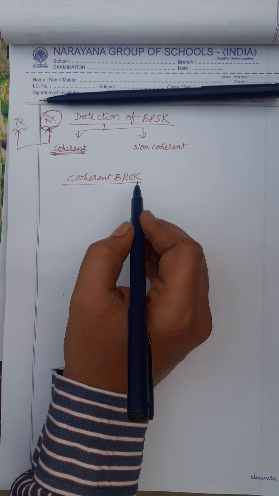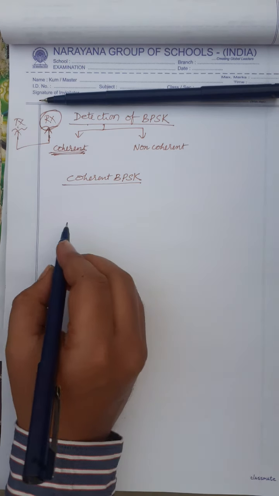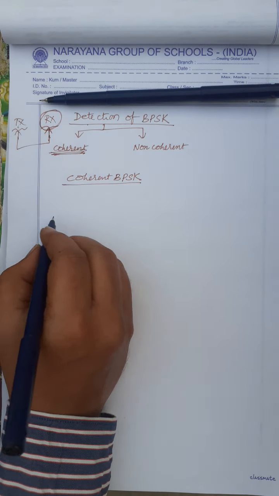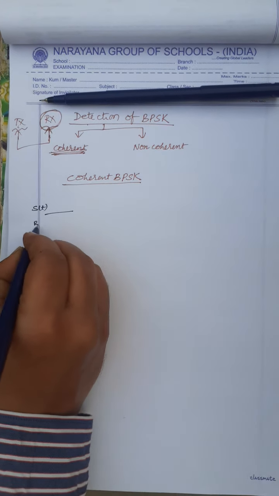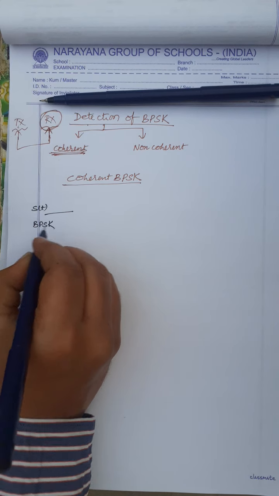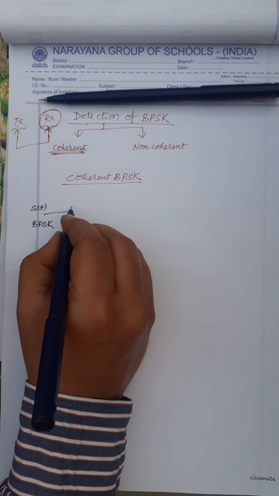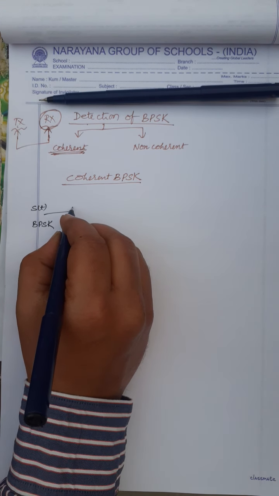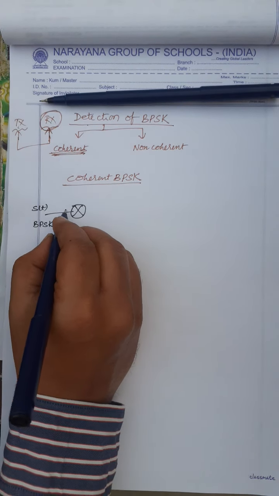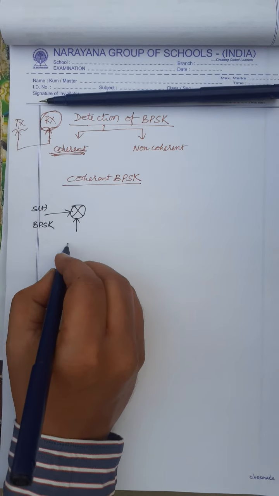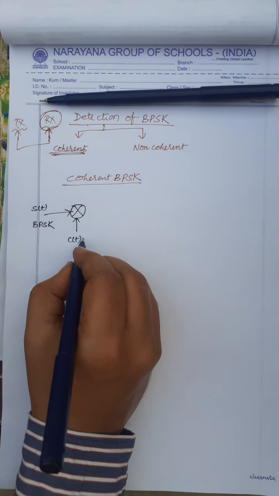At the receiver side, what is the input? The input is the modulated signal S of t, that is the BPSK signal, and it is given to a multiplier with the high frequency carrier signal C of t.